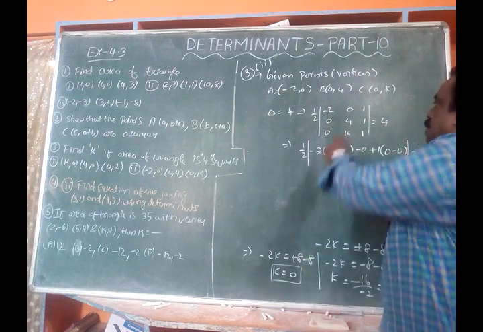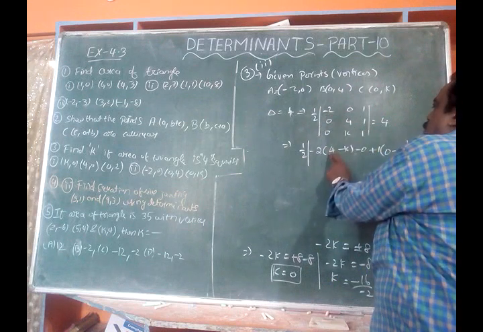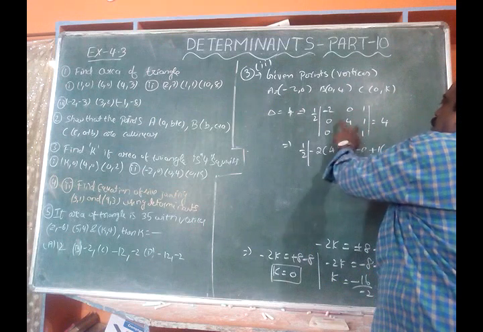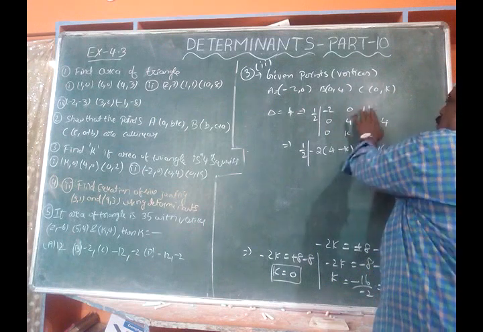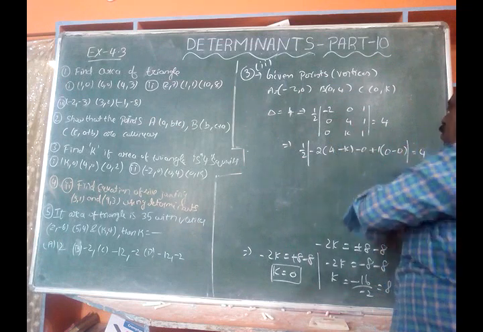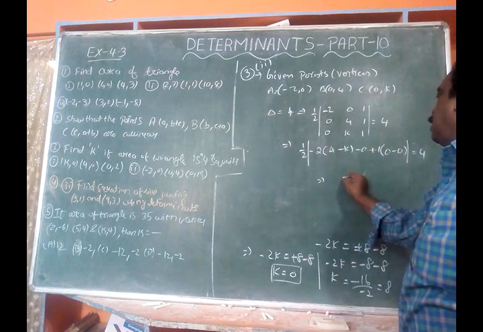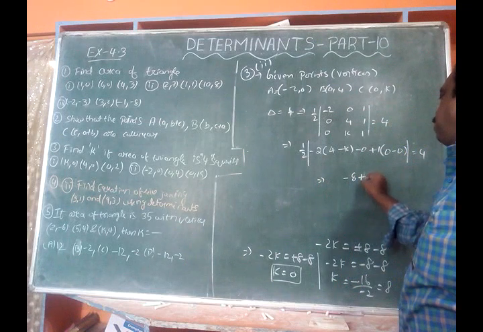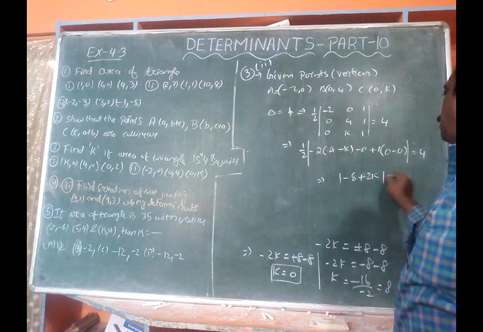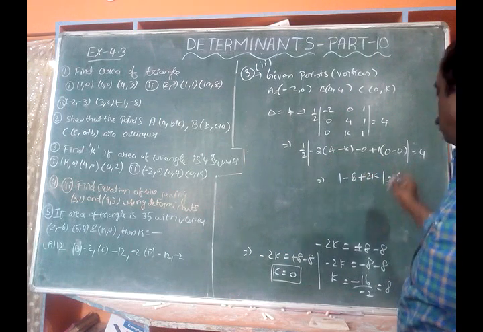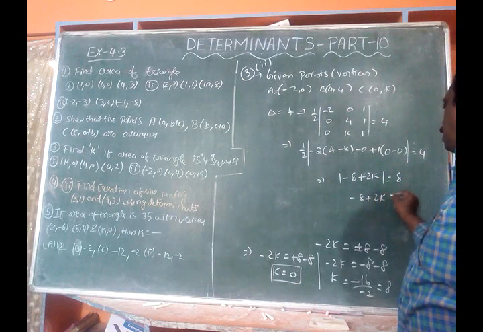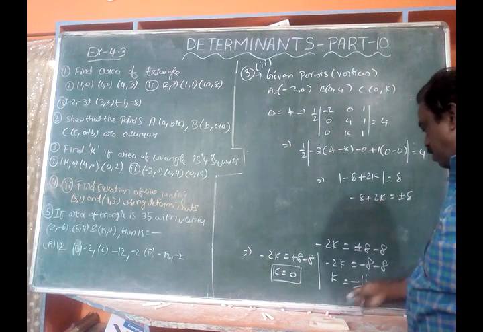Minus 2 into 4 into 1 is 4, minus k into 1 is k; 1 of 0 into k is 0, 0 into 4 is 0. So it is minus 8 plus 2k. Here, minus 8 plus 2k with the modulus is equal to 8. 2 comes to this side, 2 into 4 is 8. It is minus 8 plus 2k is equal to plus or minus 8.